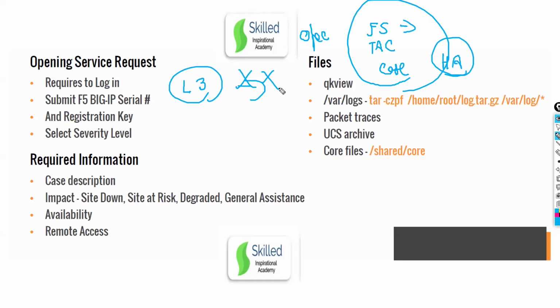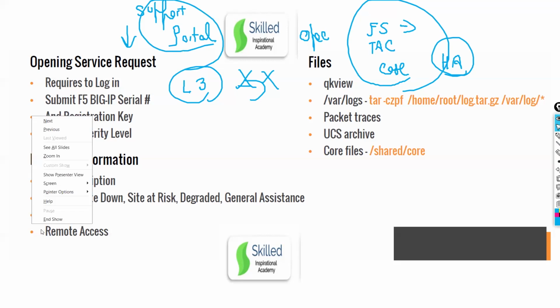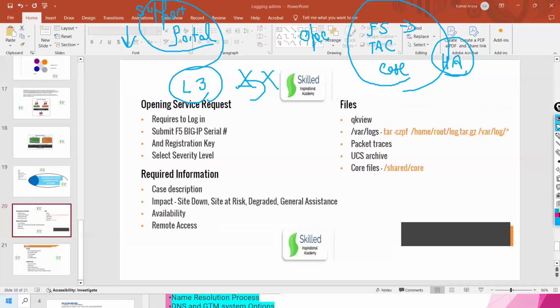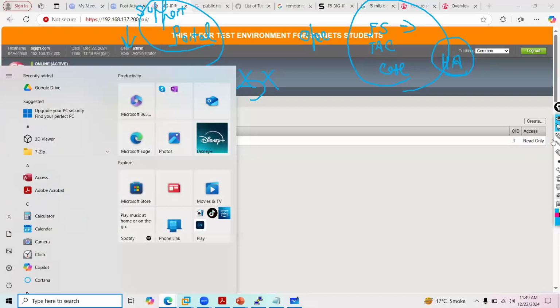When you are not able to resolve it, you need to open a service request on the support portal. Everyone has access to this portal, I have given you all access. You just need to go there, because it is the same portal you can use where you have a license.